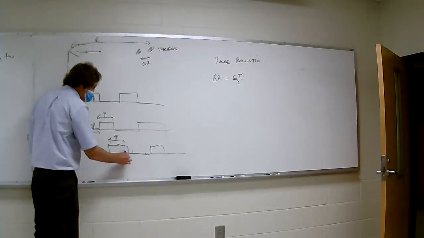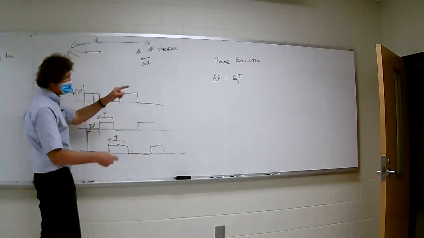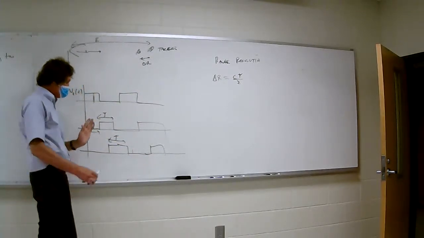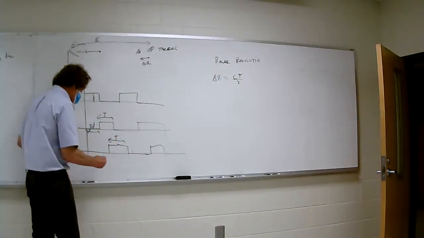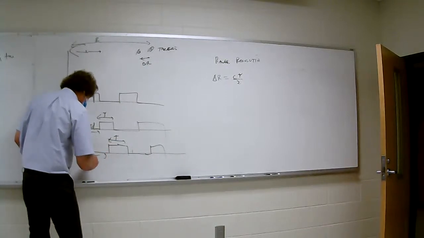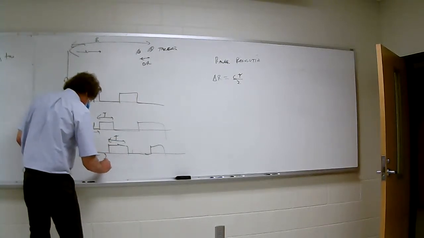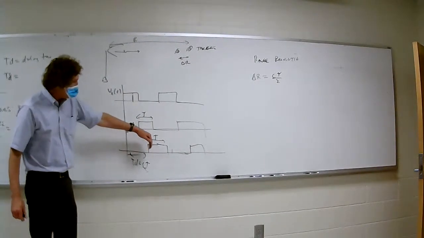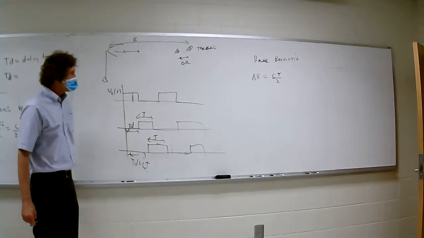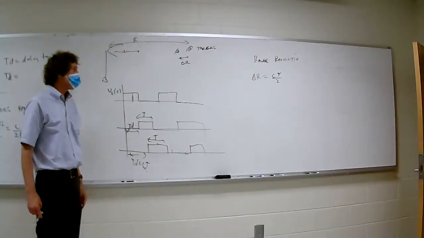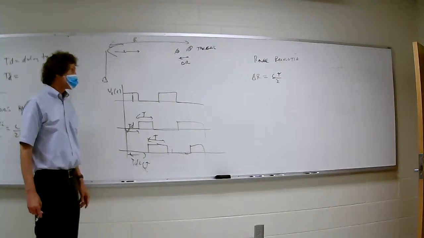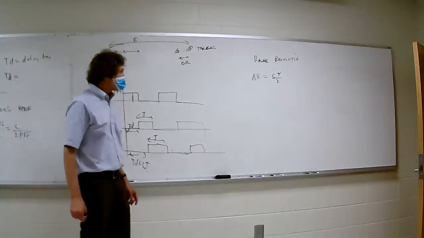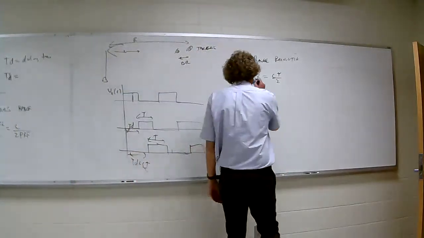And then, however far this target is away, it would be c times tau over 2 further. Does that make sense to everybody? So this target is actually going to be at T delay plus c tau over 2. Until 2 delta R is equal to c tau over 2, you won't be able to see that second target. This is called the range resolution.